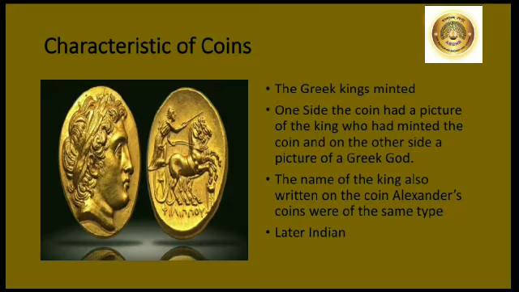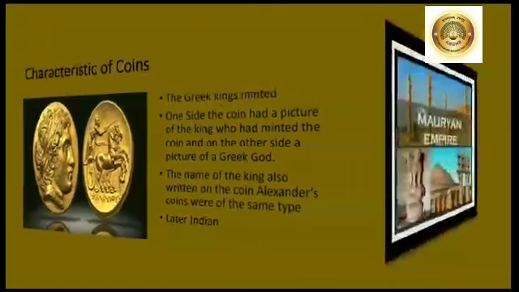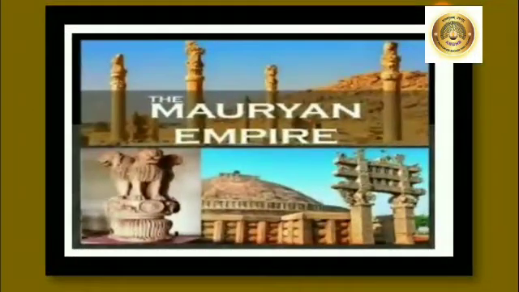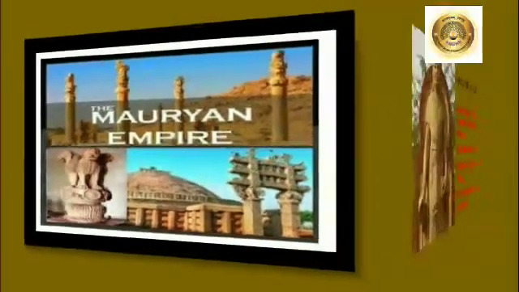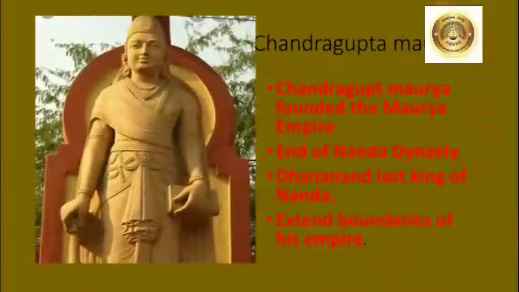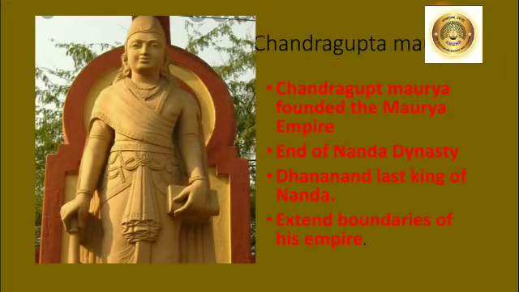Let's move forward to the Maurya Empire. Children, Chandragupta Maurya founded the Maurya Empire. He overthrew the Nanda dynasty. People were tired of the tyrannical rule of the last Nanda king of Magadha, that is Dhananand.